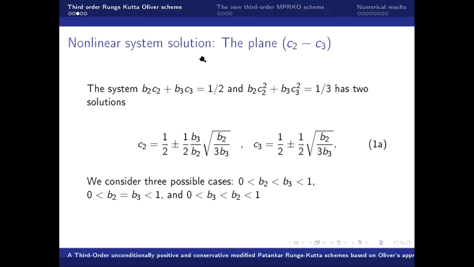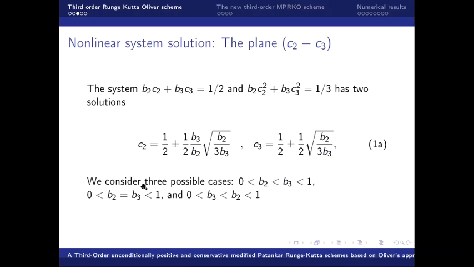Nonlinear system solution in the plane C2, C3. The system of a line and an ellipse has two solutions, C2 and C3.